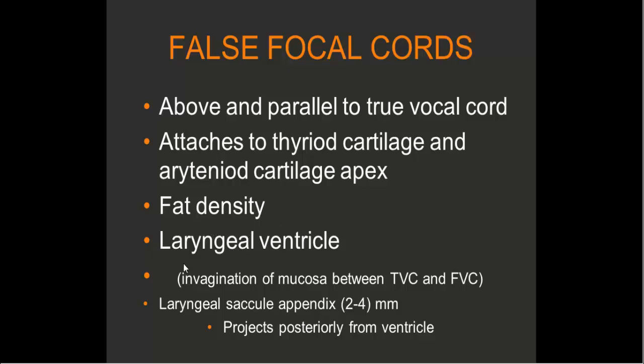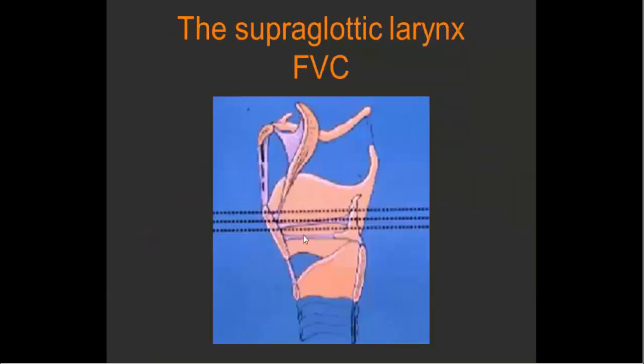Fat density laryngeal ventricle is an invagination of mucosa between true and false vocal cord. The laryngeal saccule appendix, 2 to 4 mm, projects posteriorly from the ventricles. The false vocal cord is attached to thyroid cartilage and arytenoid apex, as we see here.